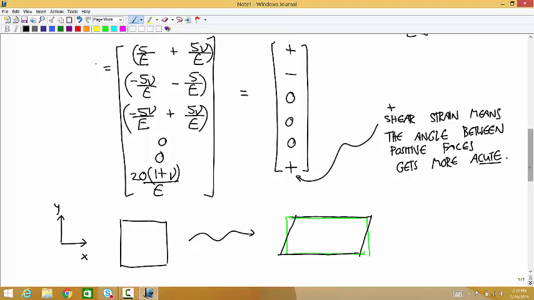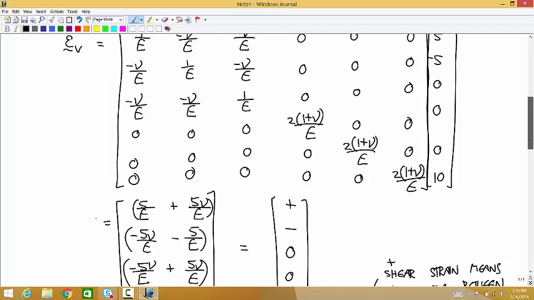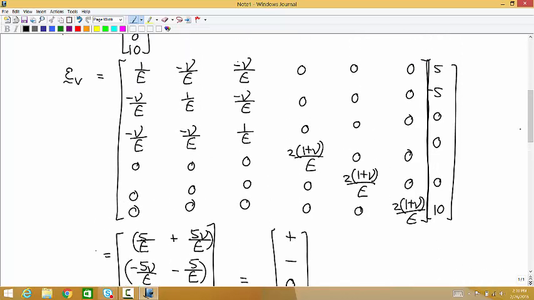In this case, if you would have done that, you would have gotten the right answer, I guess. But you have to be careful of that Poisson's effect. If you only have an X normal stress and nothing else, remember that all of the normal strains are going to be non-zero because of the Poisson's effect.